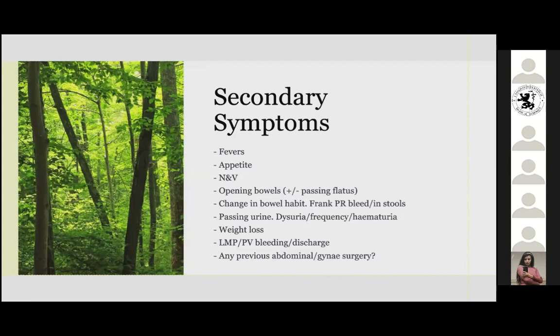All females of a childbearing age, you need to ask about PV symptoms and when their last period was. And have they had any previous abdominal surgery or gynae surgery? So this is important because any surgery in that area can cause adhesions, which is scar tissue. And then this can predispose the patient to further problems like pain and obstruction.